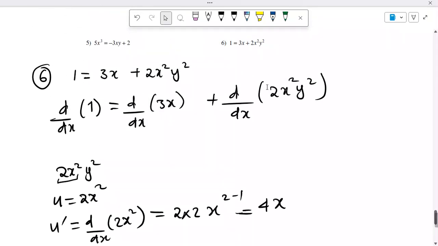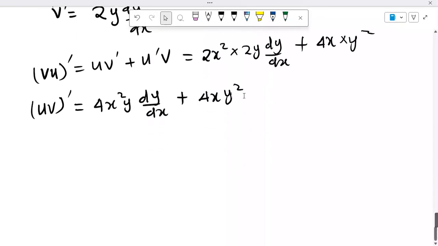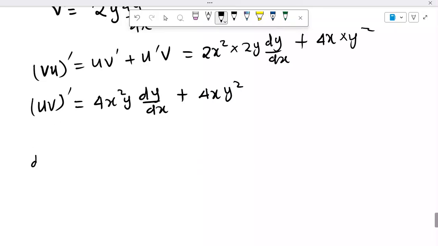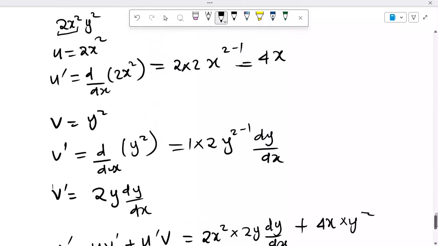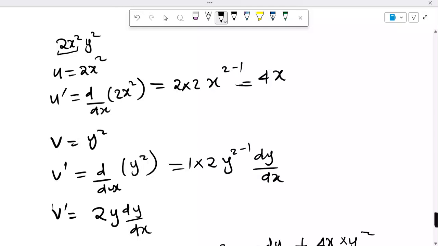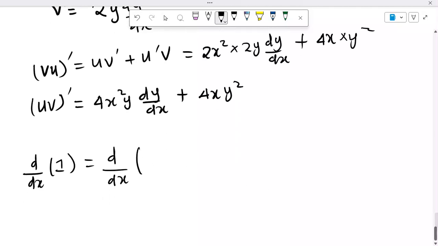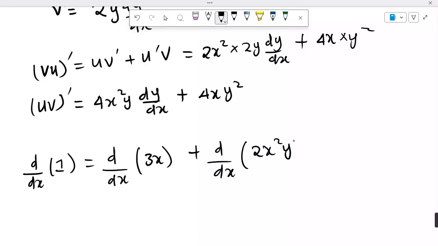We know this part. When we differentiate, we know the answer. So now let's rewrite. There is 1 equals to 3x, then here we have 2x squared y squared.